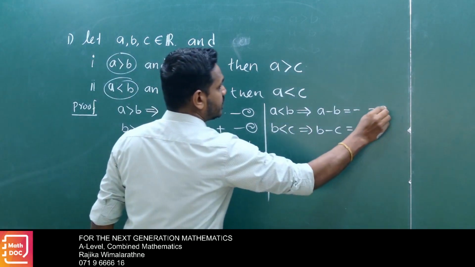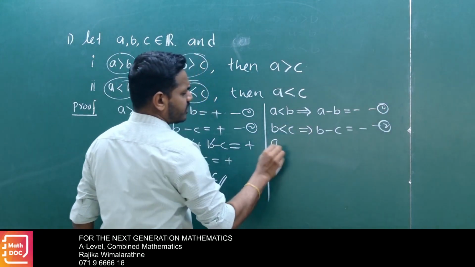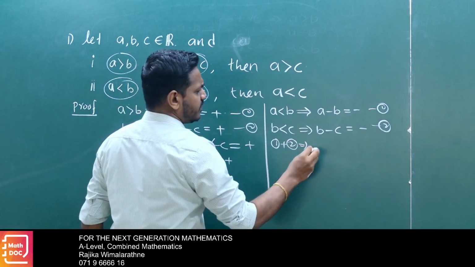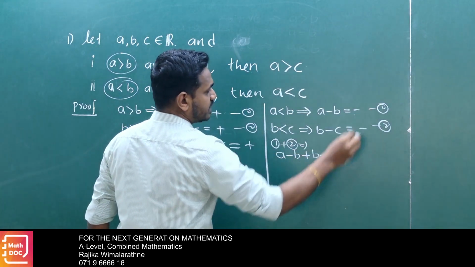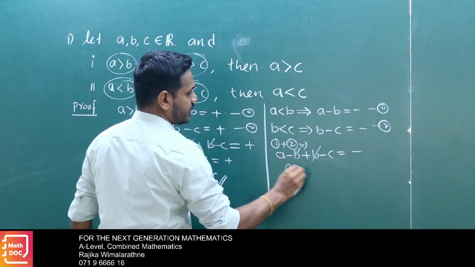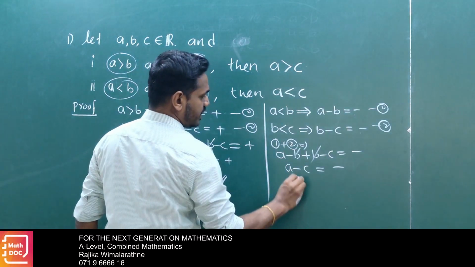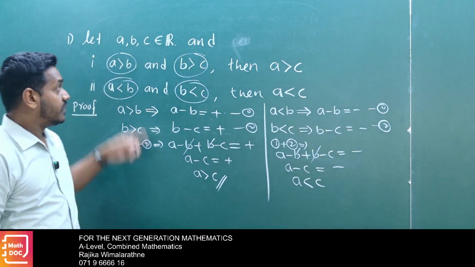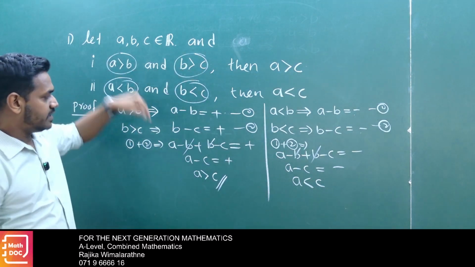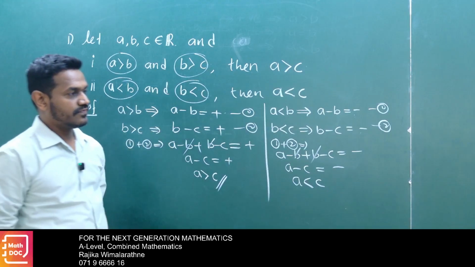Then add them, 1 plus 2, A minus B plus B minus C, negative plus negative, negative, cancel B, A minus C negative, that means A less than C, no? That's how we prove the first theorem. Okay, just write the first theorem and write the proof. Do it soon.